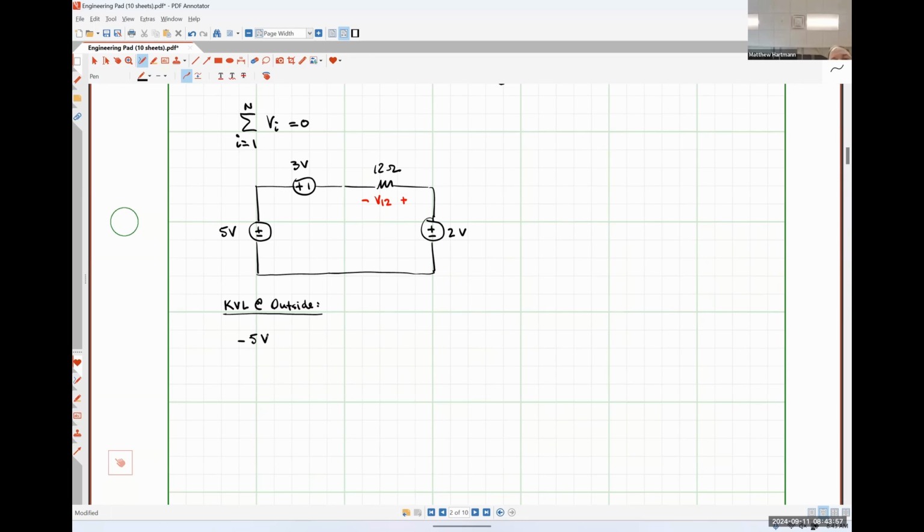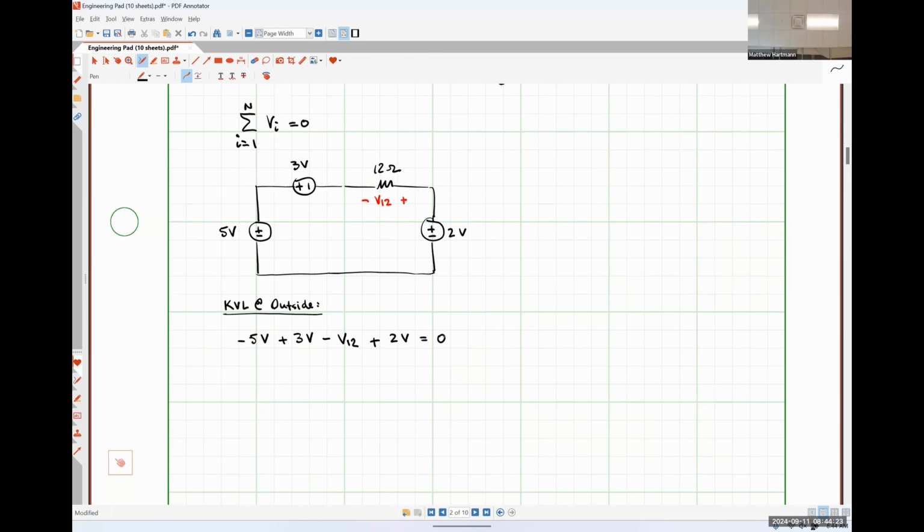Then I'm going to have plus 3 volts because I see the positive polarity terminal first. Then I'm going to have minus V12, the voltage that we're looking for, and then plus 2 volts is equal to 0, because now we're back down to that bottommost node.